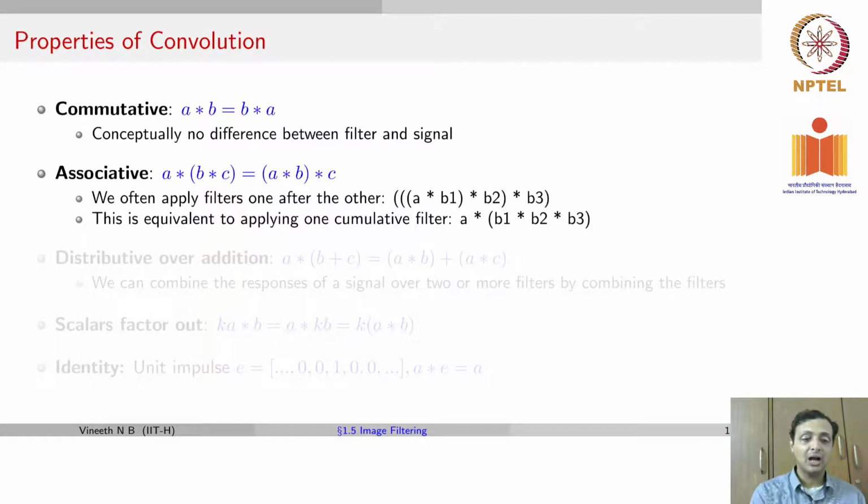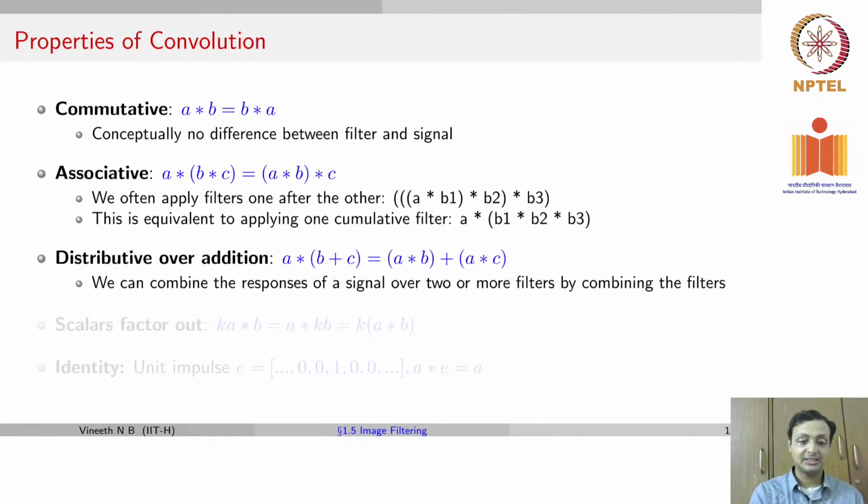If you took an image given by A here, and you had two different filters B and C, now you can either apply the filter H1 on I first, get an output, and then apply filter H2, or you can pre-compute the convolution of H1 and H2 and simply apply the output of that to the image. We'll see some tangible, useful applications of this property a bit later.